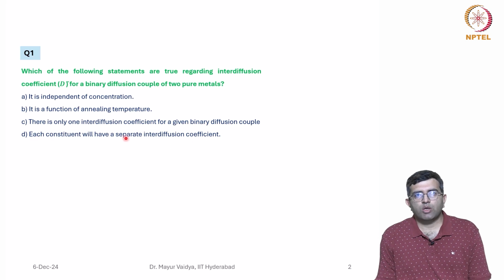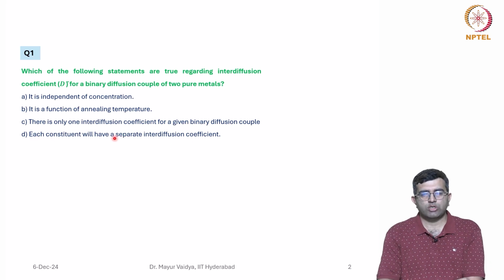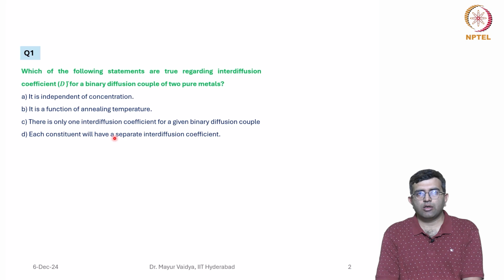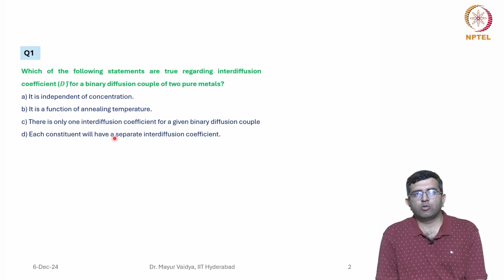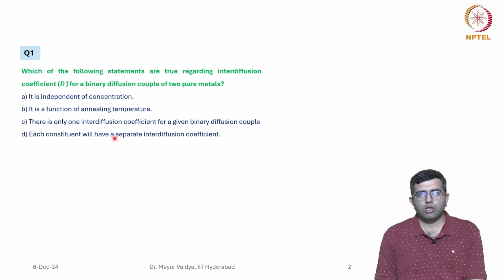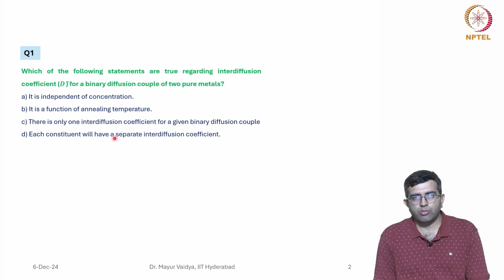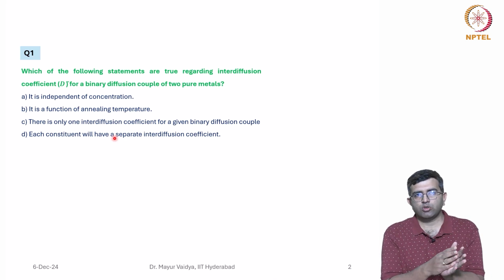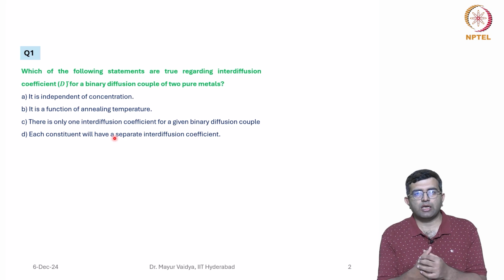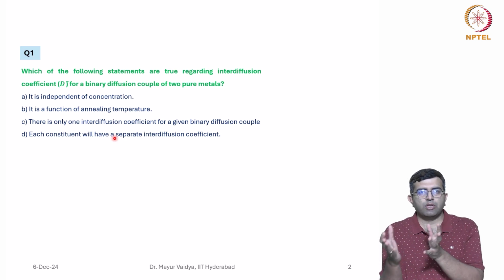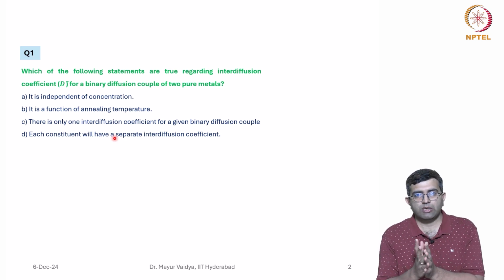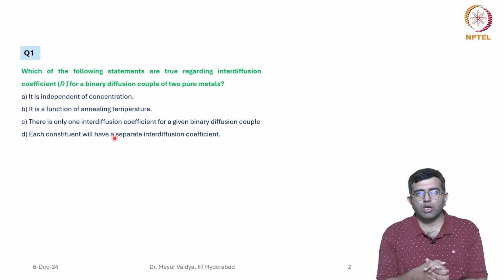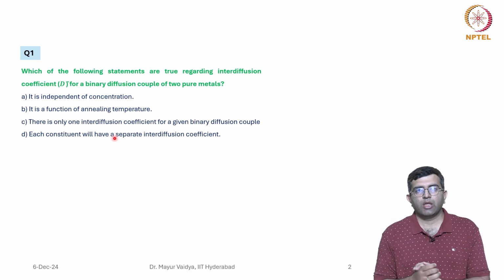D, each constituent will have a separate interdiffusion coefficient. Just take a moment before you proceed with the video so that you can see whether you understood the problem correctly or not. Remember that in the tutorial questions you can have multiple correct answers in the objective. The same thing will follow in the assignments also. You may have certain questions where more than one option is correct.